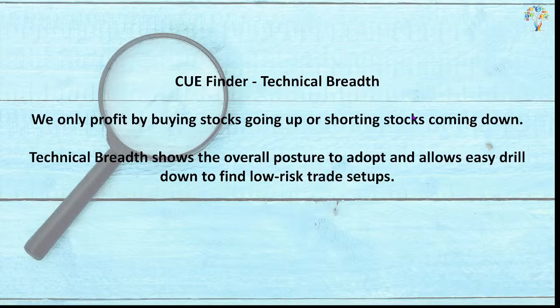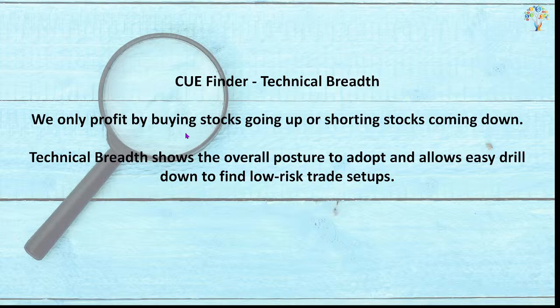Before that, continuing with technical breadth from Q Finder: we only profit by buying stocks going up or shorting stocks coming down in directional trades. Most of Q trades, most of my trades, if not all, are directional trades. The 360 degrees analysis gives powerful, useful, effective, profitable directional trades.